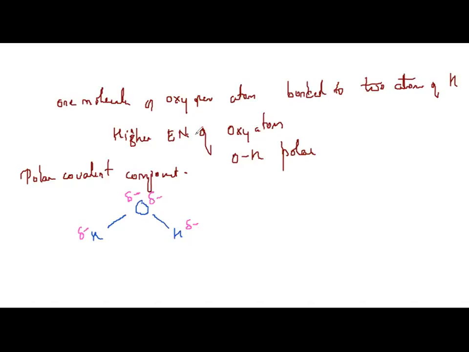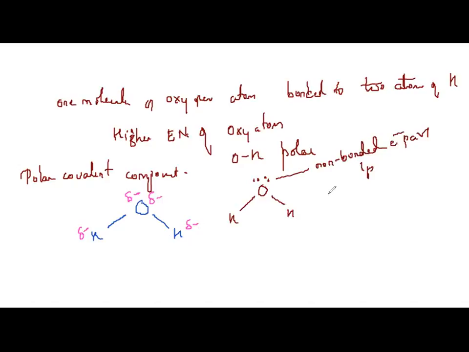The reason why it adopts a bent structure is we know that in case of water, oxygen is sharing only 2 electrons with 2 hydrogen atoms, and there are 2 pairs of electrons which are free, those non-bonded electron pairs are called what? Lone pairs.